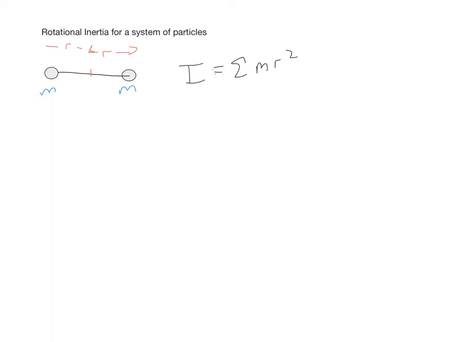So we have two particles, they're the same mass, so I have to sum up two particles. So I is equal to the mass of 1 times the distance of 1 squared plus the mass of 2 times the distance of 2 squared. And it's a pretty straightforward addition. You have 2mr squared. Pretty simple.